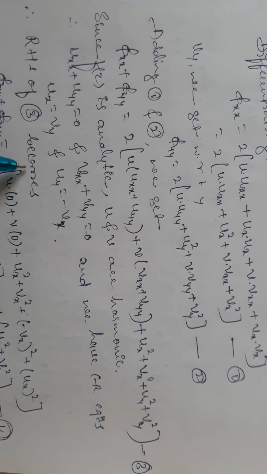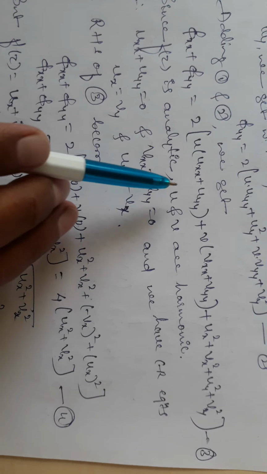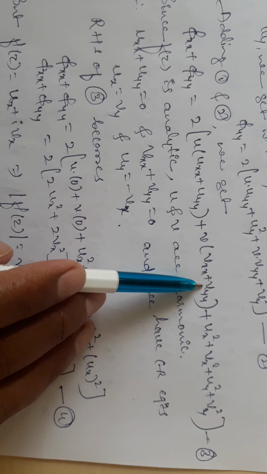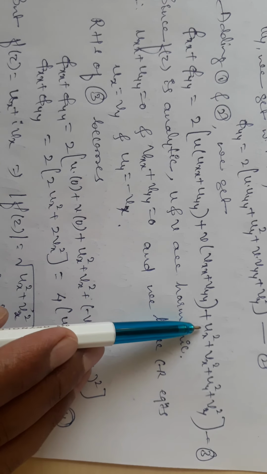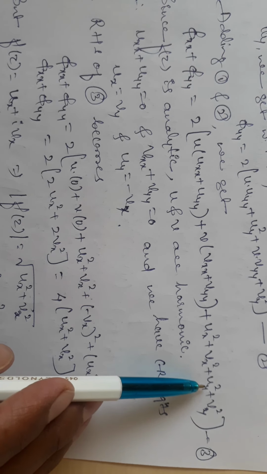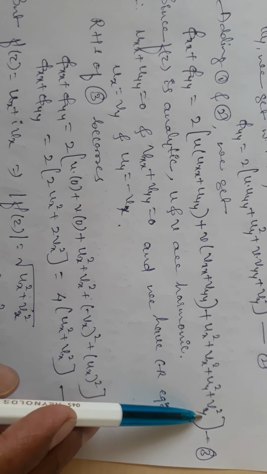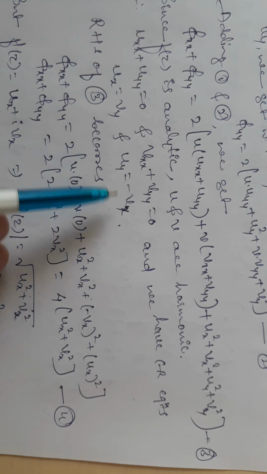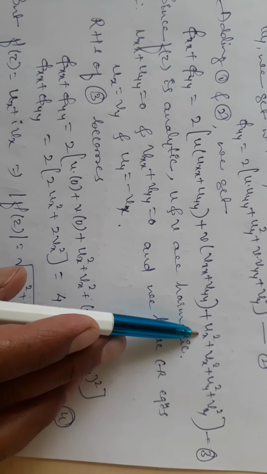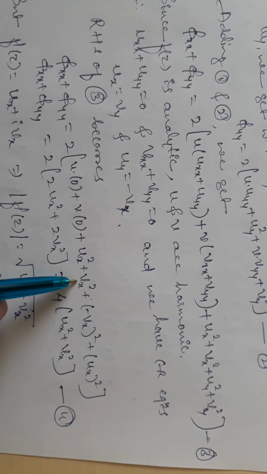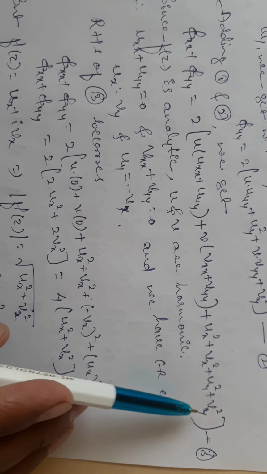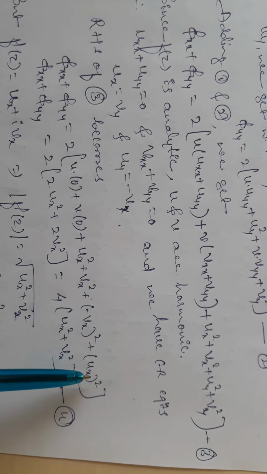Therefore, the RHS of equation number 3 becomes, here this term is 0 because u is harmonic, and here this term is 0 because v is harmonic, and we keep this u and v as it is, and we can change this uy and vy in terms of ux and vx using the CR equations. Therefore, ux whole square plus vx whole square, uy is minus vx whole square plus vy is ux whole square.